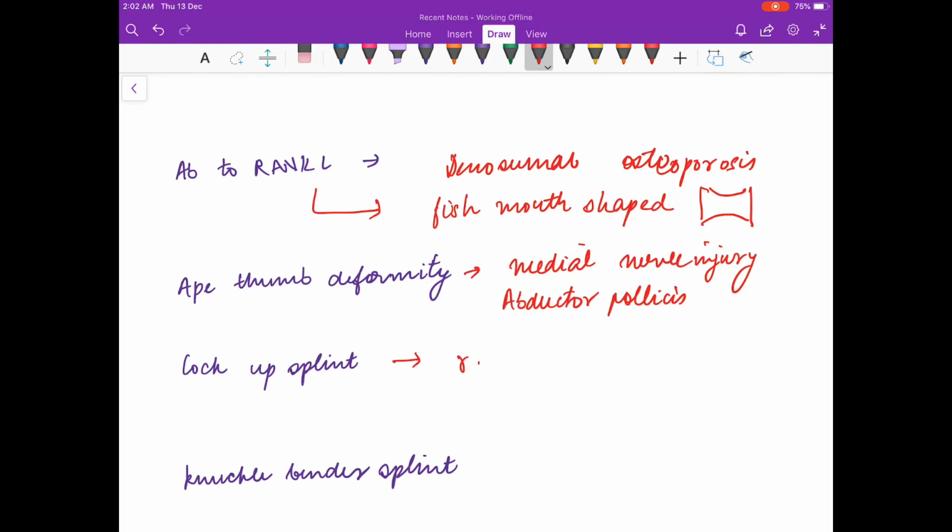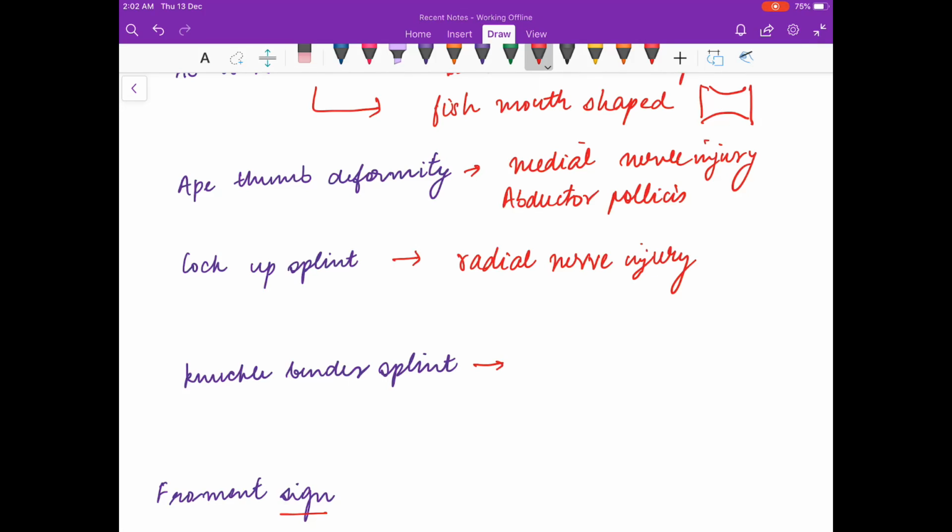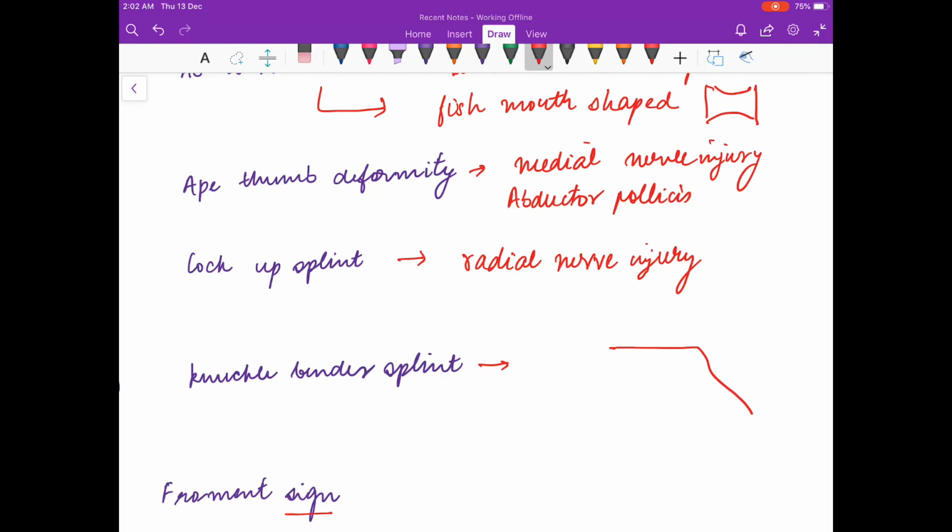Cock-up splint is used for radial nerve injury. Knuckle bender splint is used for median and ulnar nerve injury.